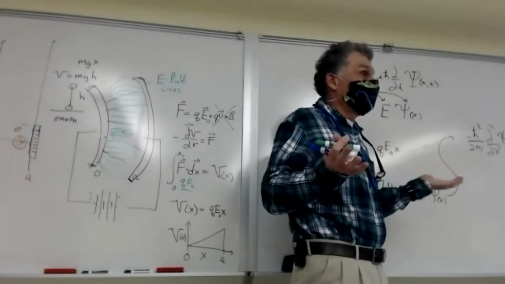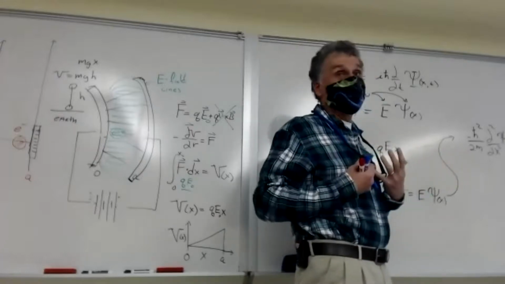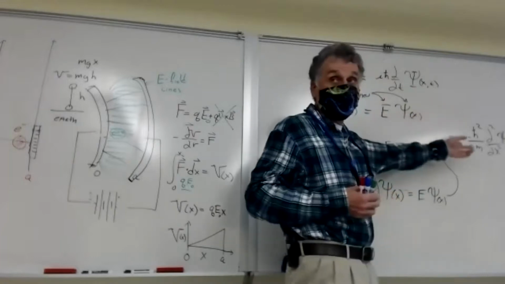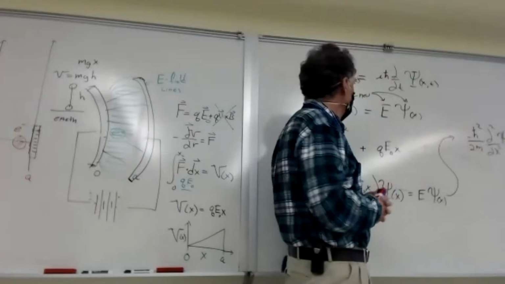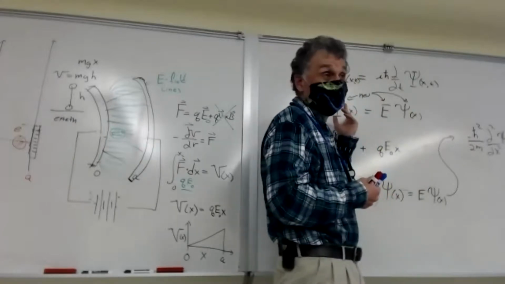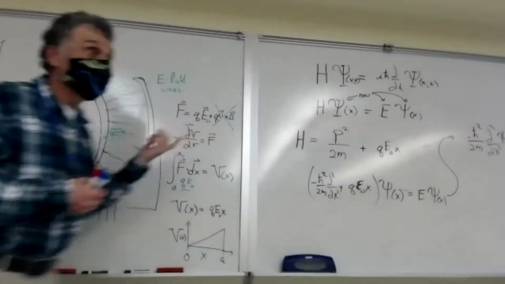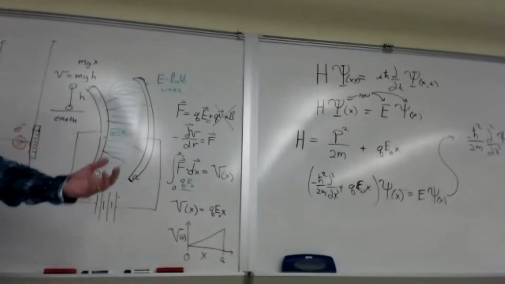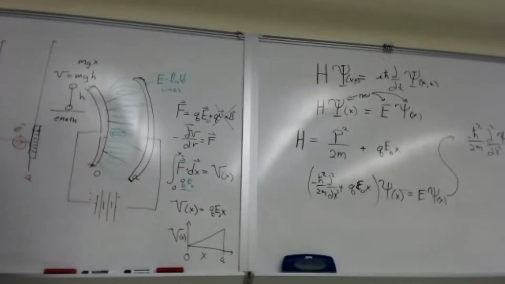No one knows how to do the math. It's not that I don't know how to do it. No one does. Get the best mathematician. They can't solve the differential equation. So what you do is you go, well, but I really need this. This is important. It's pretty darn close to this. So I'm just going to add a little bit of extra wave function to this and see how close I get to that. Does that all kind of make sense to you? Okay, good. Because that's what I'm hoping it's going to do.